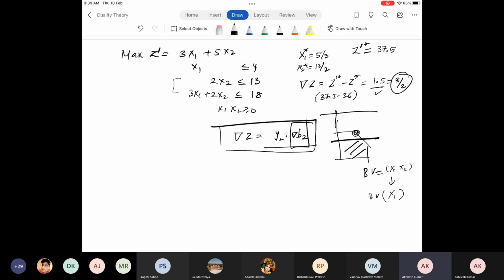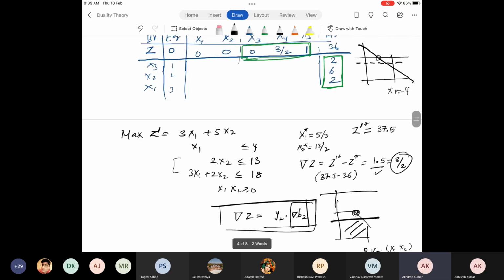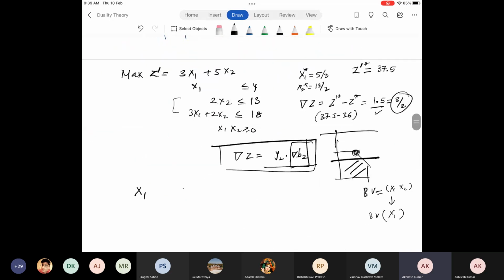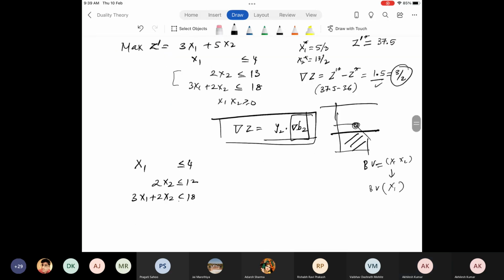Yes, sir. Now, one more thing worth seeing here: x1 less than equal to 4, 2x2 less than equal to 12 and 3x1 plus 2x2 less than equal to 18. At the optimal solution, I have 2, 6. So 2 is less than equal to 4. I'm plugging these values into these equations: 12 is equal to 12 and 18 is equal to 18.